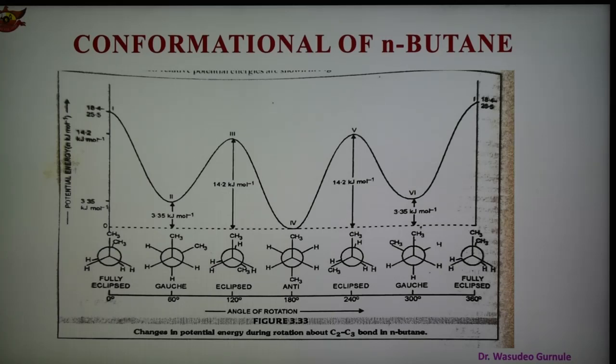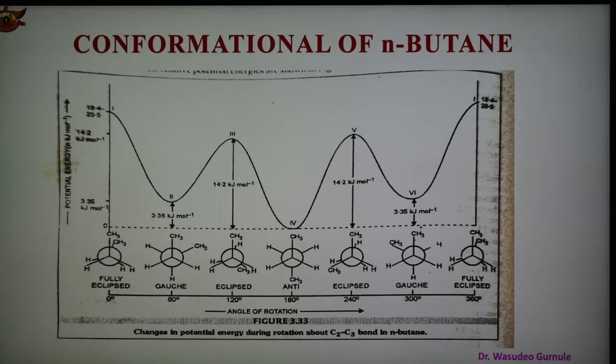Next in order of higher energy are the two partially eclipsed conformations, number 3 and 5. In this conformation there are two methyl-hydrogen eclipsing interactions and one hydrogen-hydrogen eclipsing interaction. As we know, each methyl-hydrogen eclipsing interaction introduces energy of 5.85 kJ per mole, and each hydrogen-hydrogen eclipsing interaction introduces 3.35 kJ per mole.